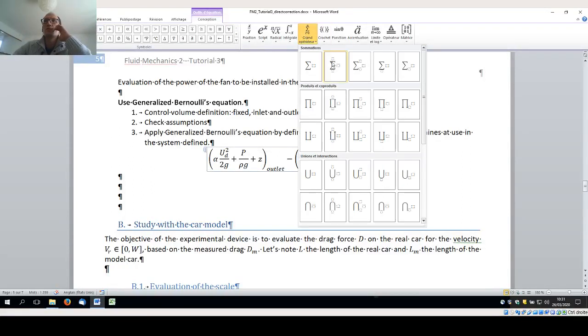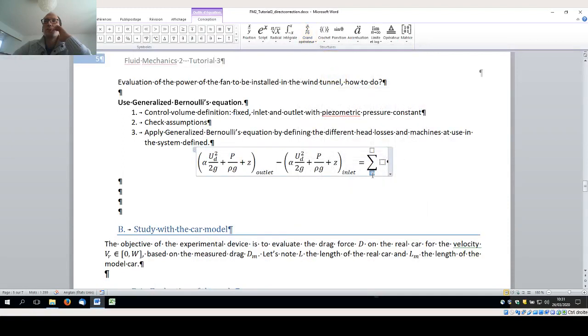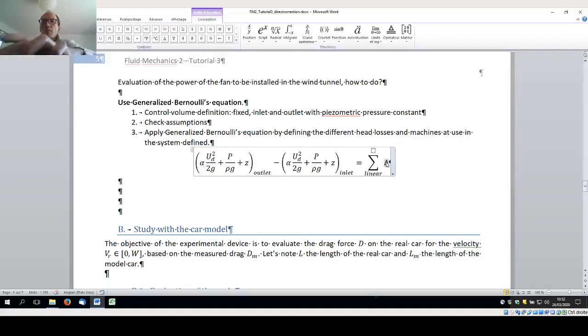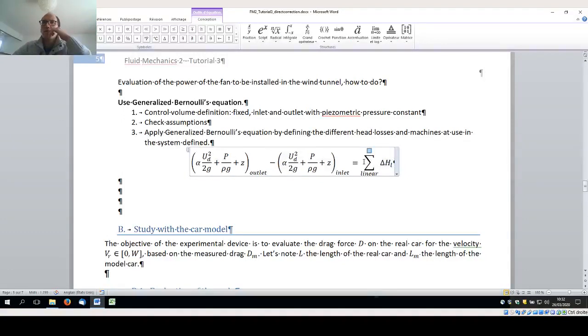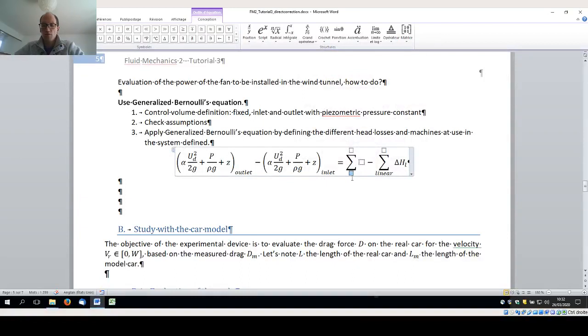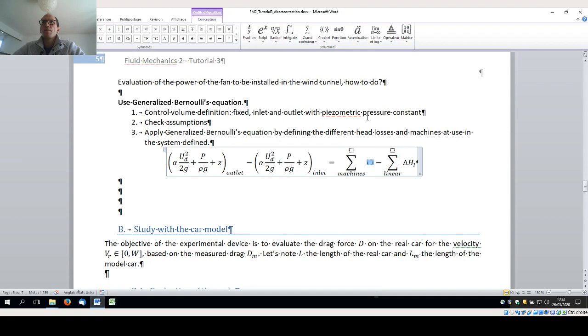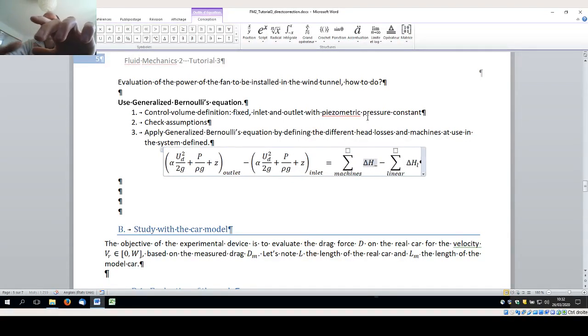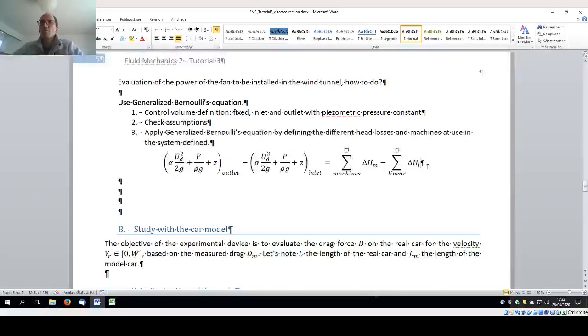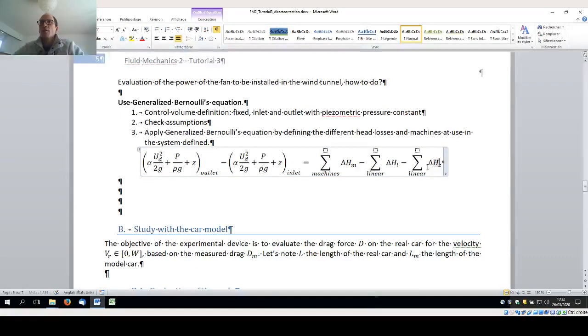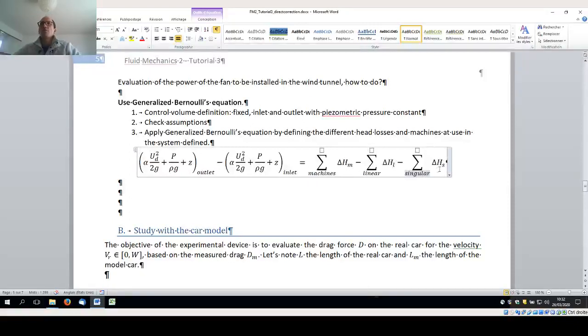So the sum of the effect of all machines which are changing the energy, minus the effect of linear head losses, minus the effect of singular head losses. Okay, so this is the general form.